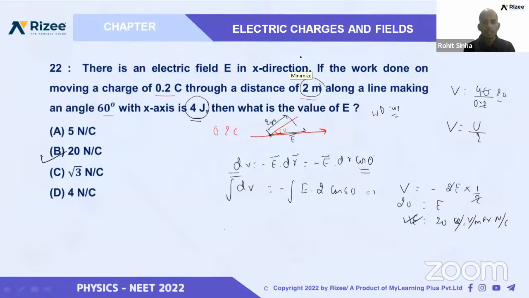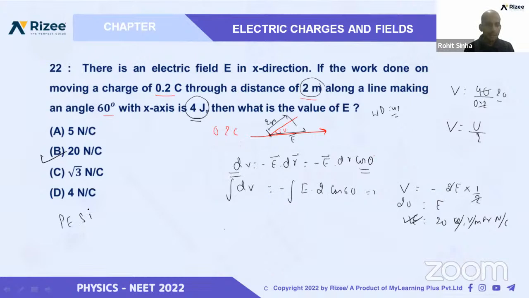Diba is asking, can we use this formula, P sine theta, or cos theta? Let me discuss.